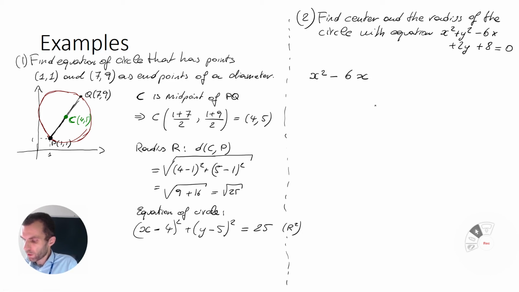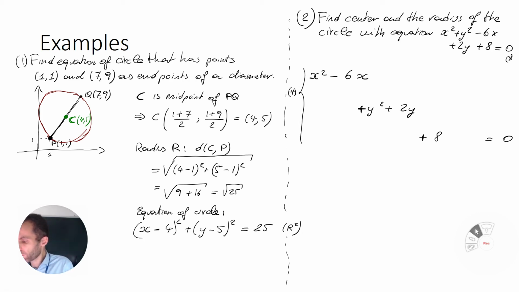And now let's collect everything that has a y in it. So then we have plus y squared plus 2y. And here let's put all the constant terms. So plus 8, that's equal to 0. So same equation, just written over a couple of lines.